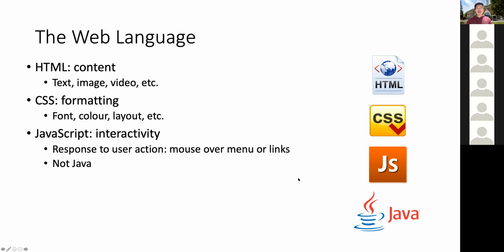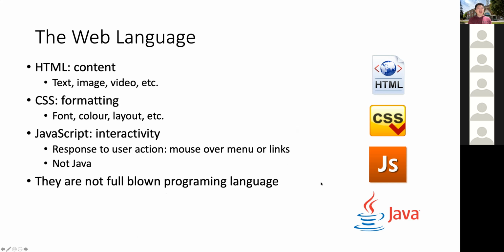Even though we are talking about 3 languages here, they are not like a full-blown programming language, something like Java, which is one language to do almost everything. These 3 are designed for very specific purposes. So I would say learning all 3 from scratch will still be simpler than, for example, learning one full-blown language like Java.